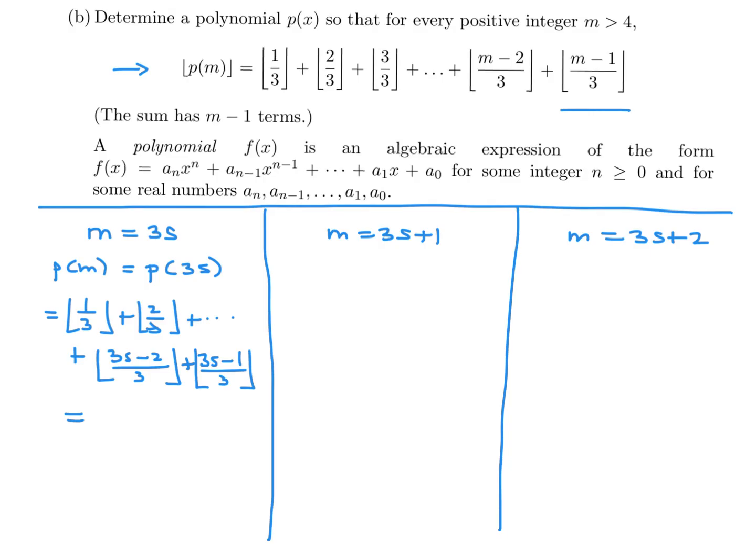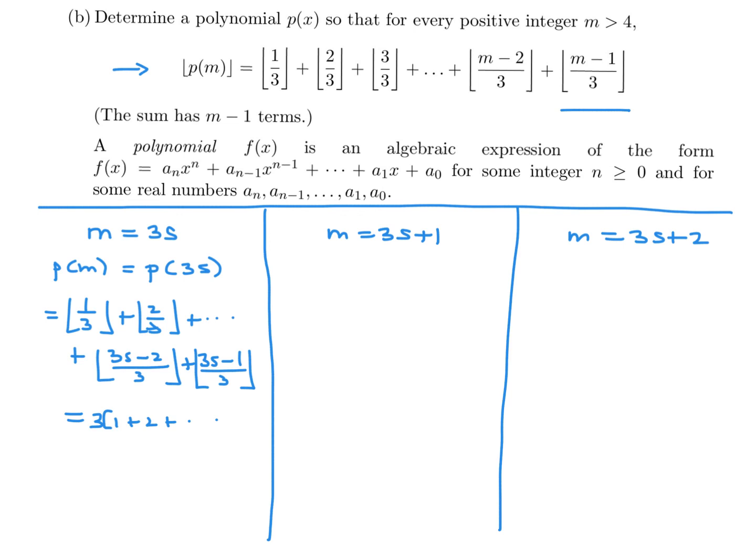Okay, so then we use pretty much the same kind of technique we did in the first one. Let's think about this for a second. This is going to be 3 times 1 plus 2 dot, dot, dot, all the way till s minus 1.